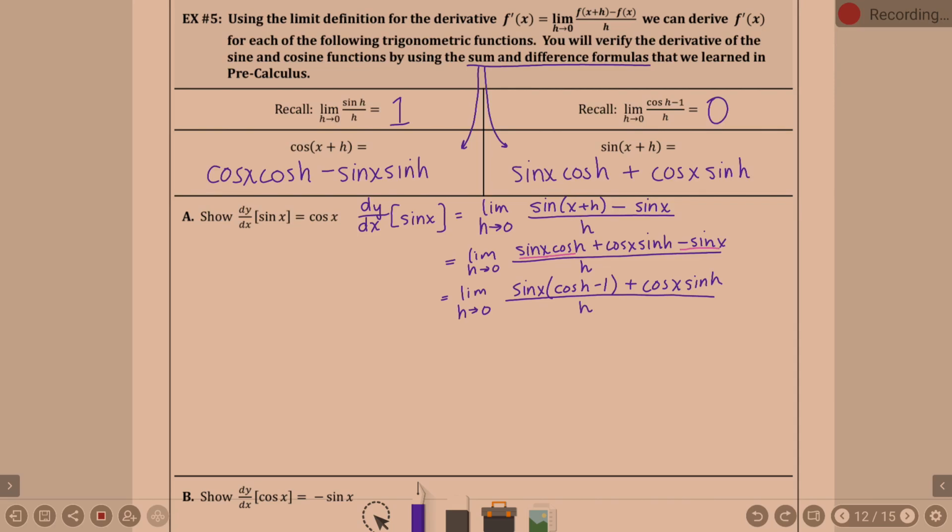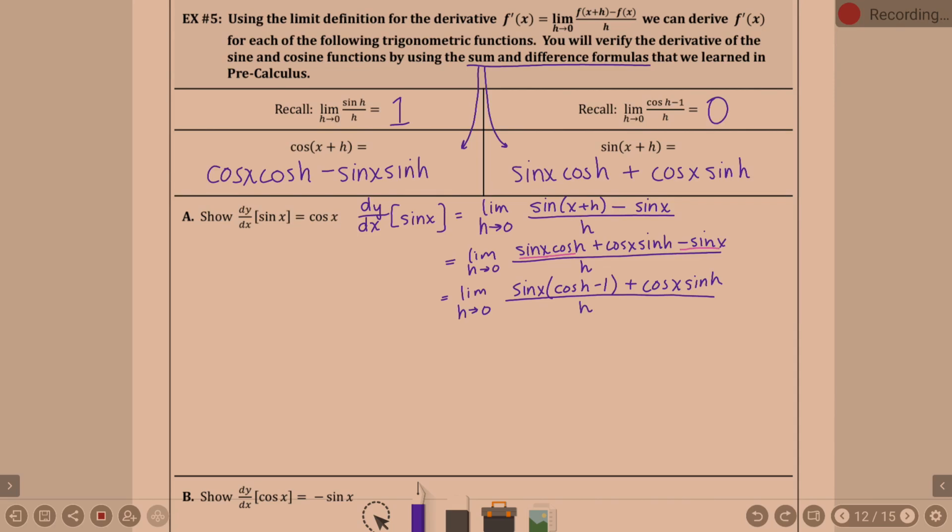Now, I don't know if you see where we're going yet, but remember we have these two special limits that you were told to recall. Those pieces are in there. There is right here a cosine h minus 1, and remember, this h goes under everything, over h. Over here, there's a sine h over h.